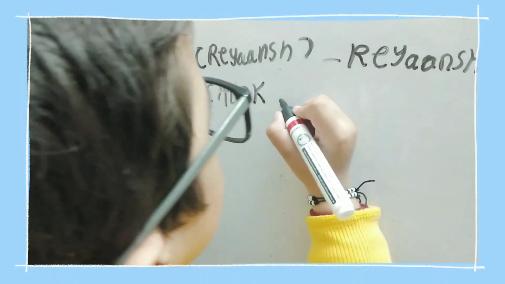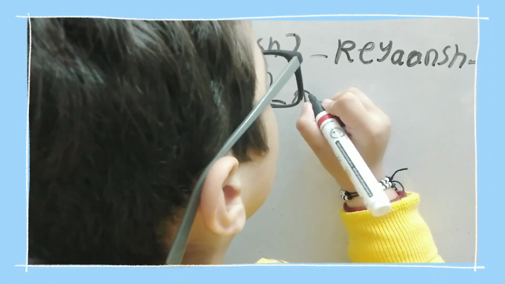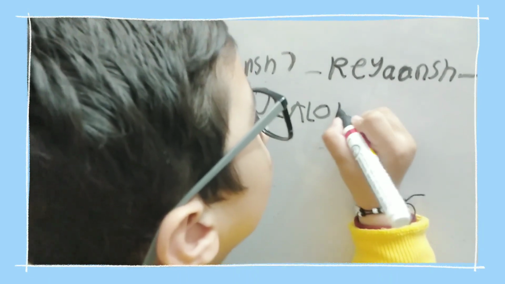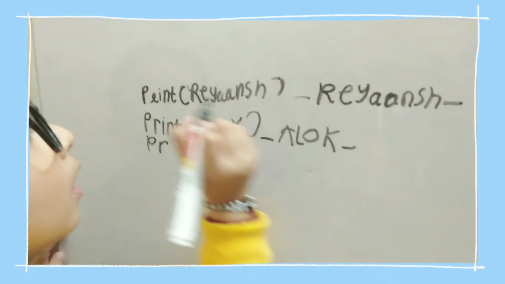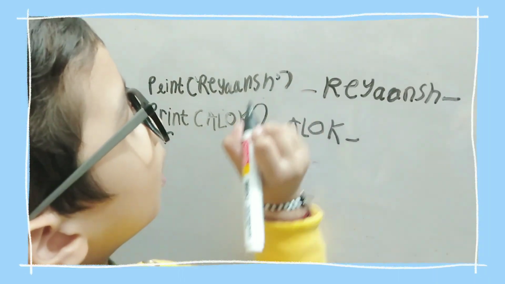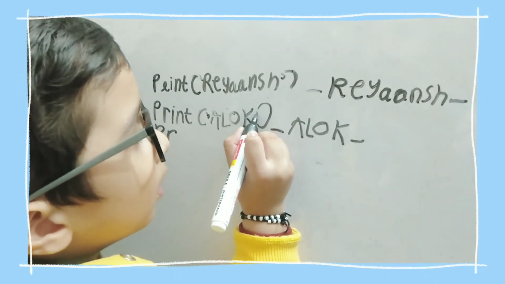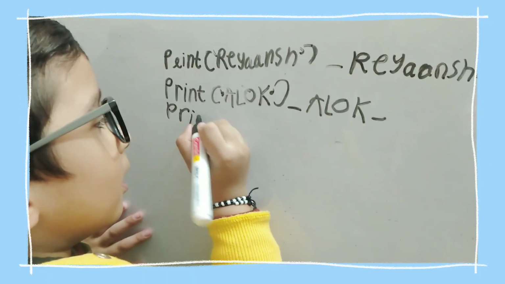Print Alok. Now Alok will come. So print is an output function. What is this? Single quote. Okay. Now next.